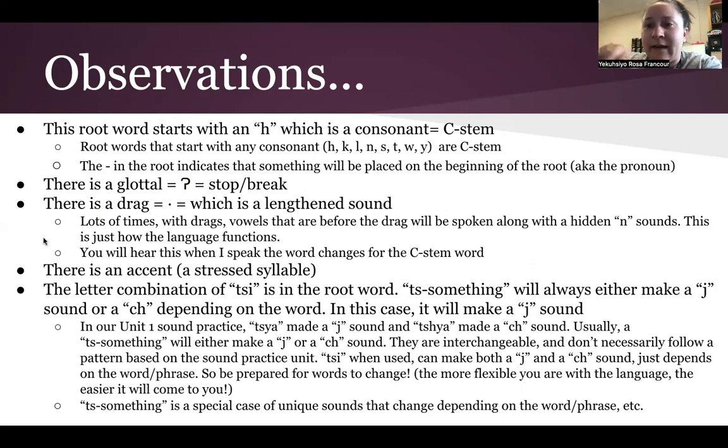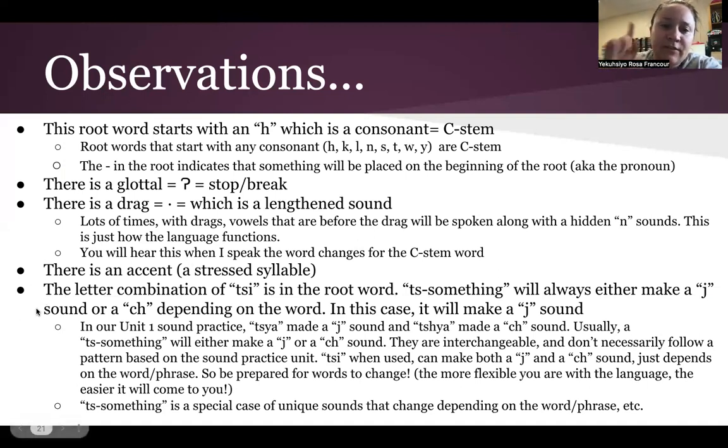Sometimes that's a natural pronunciation when you have drags. It's not in the root. It's just part of the pronunciation. So it's just how our language functions. The more you listen to stories and stuff, you'll just hear that. So you'll hear this when I speak the C stem word verb conjugations. There is an accent in this root. It's a stressed syllable.